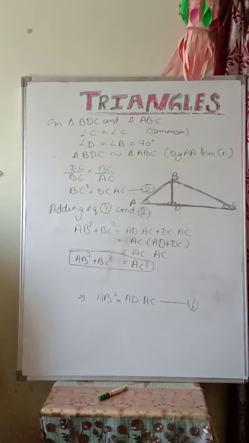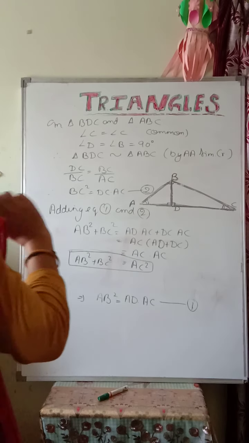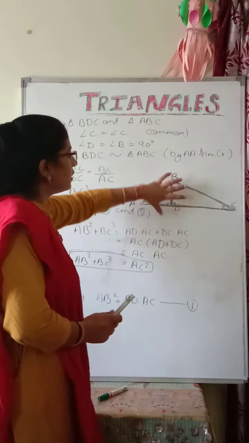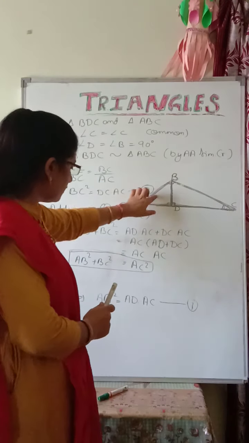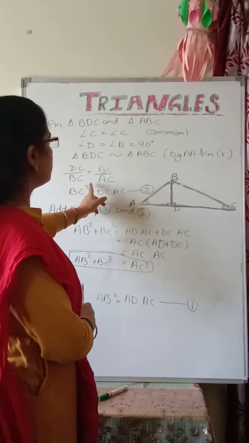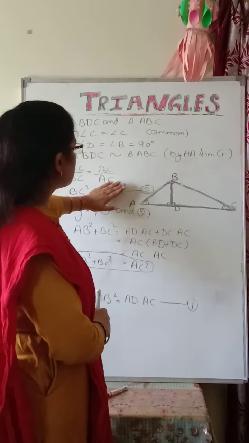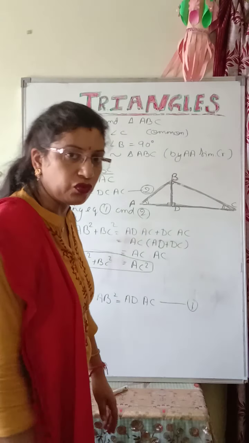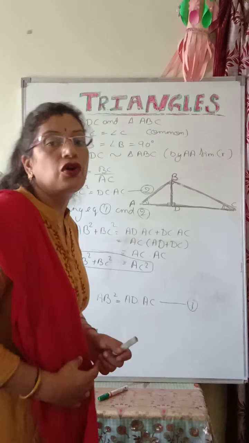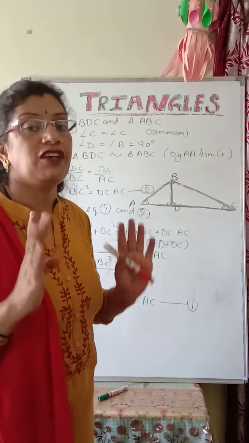Same way, when triangle BDC is similar to triangle ABC, their corresponding sides are in the same proportion. One time we wrote one equation and second time we wrote this equation. While adding these two equations we get the proof. So this was your Pythagoras theorem, which is very important.